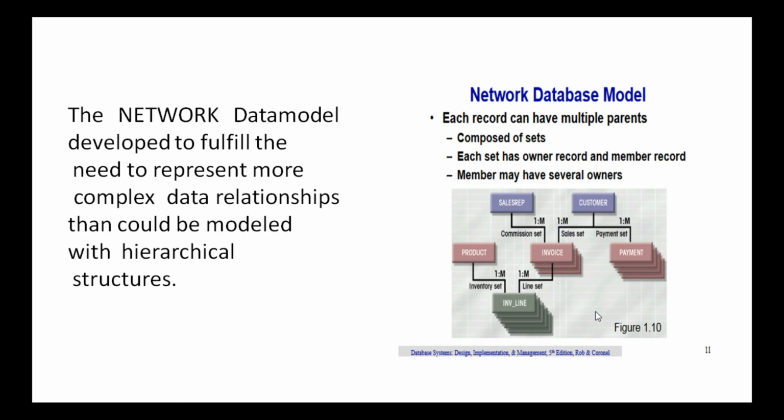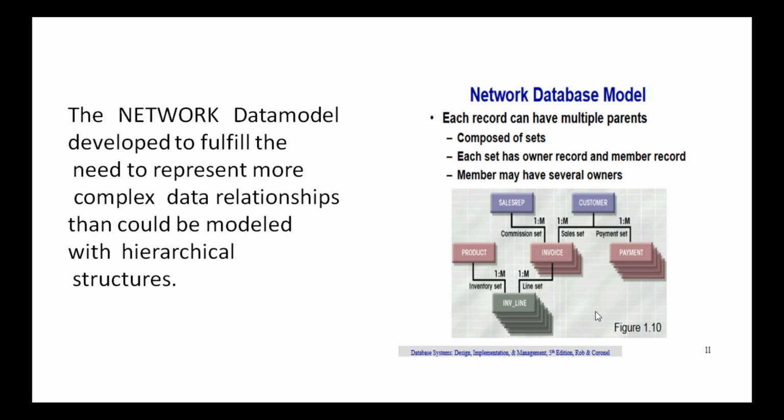And coming to customer, invoice and payment. To generate an invoice and to make a payment, who do we need? The customer. The main owner record is the customer. So here the customer is the owner record, and invoice and payments are the member records.